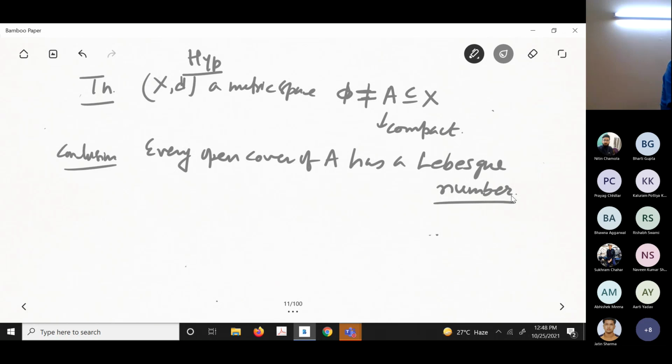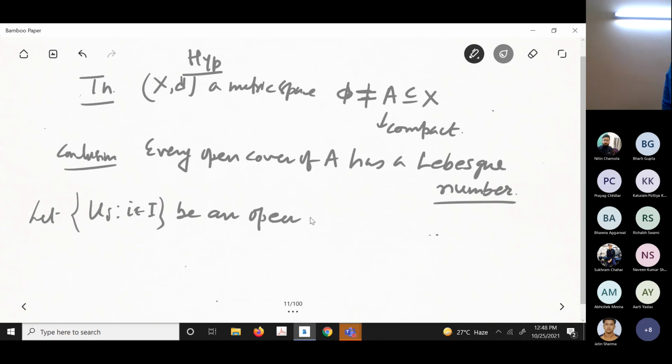So let {Ui} be any open cover of A in X, d.